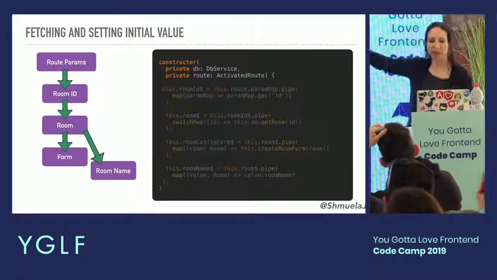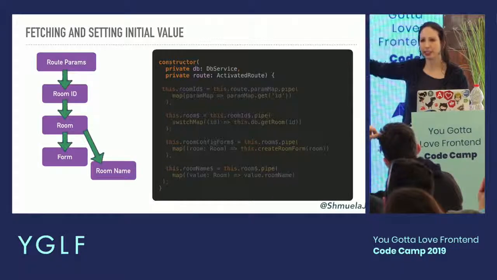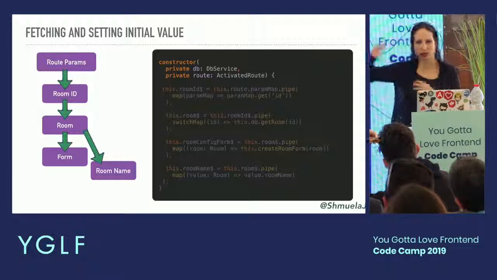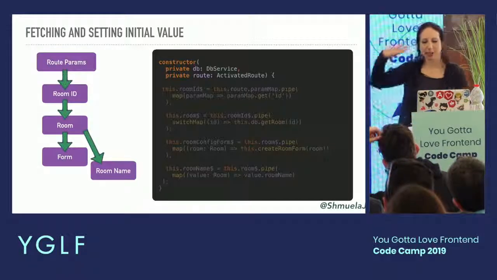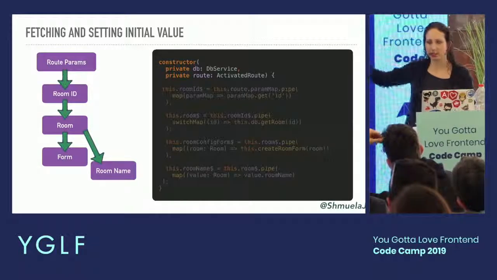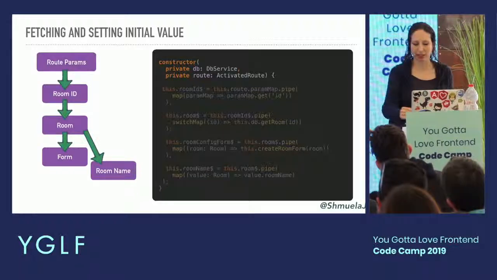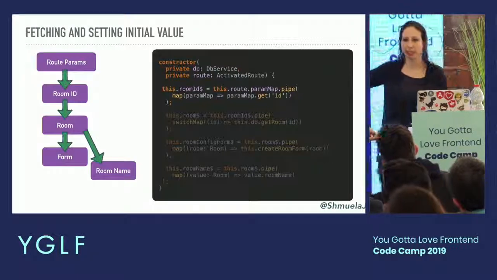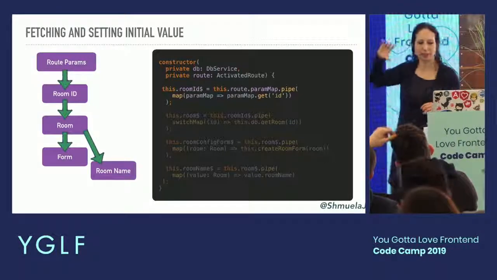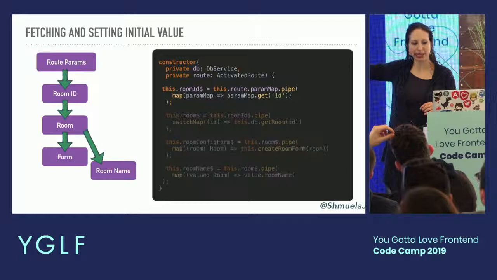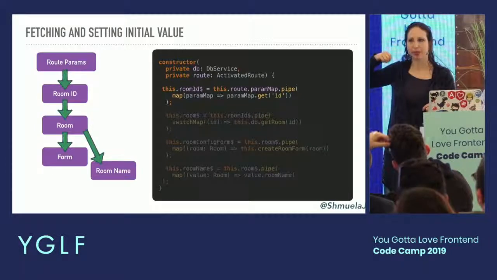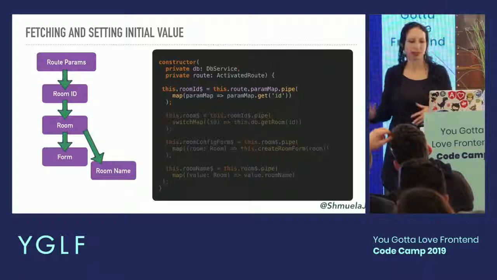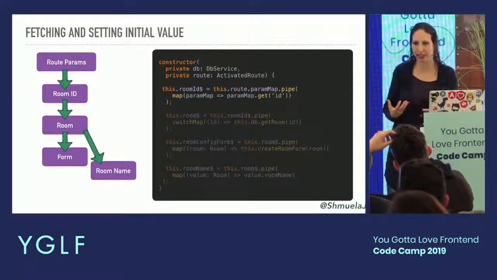So in the constructor, we have the database service, which holds all the methods that we need for going to the server. And we hold the activated route service, which gives us the route params. We fetch the room ID observable by getting the route param map from this service of activated route.